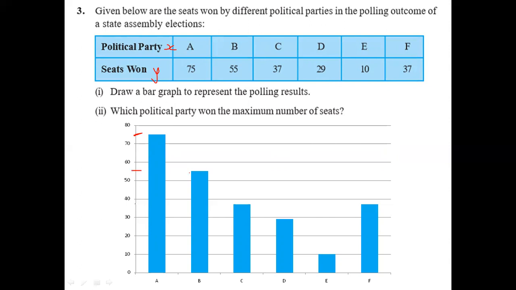Then 37, so somewhere here. Then 29 should be somewhere here. Then 10, and 37, so 37 would be somewhere here. So this is the graph.